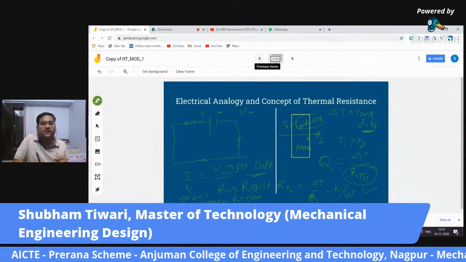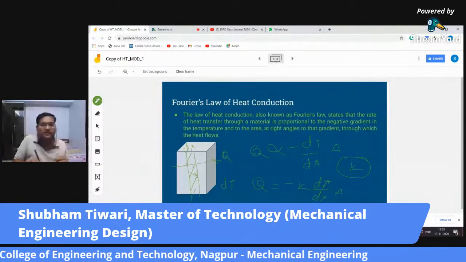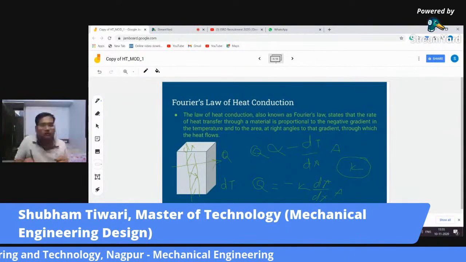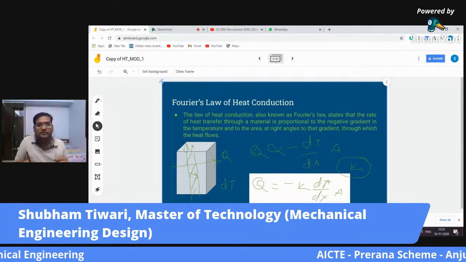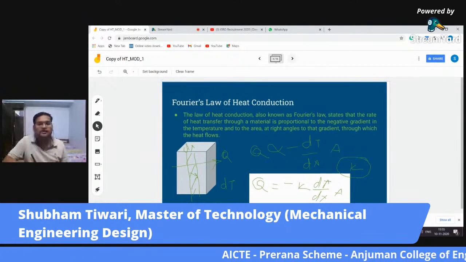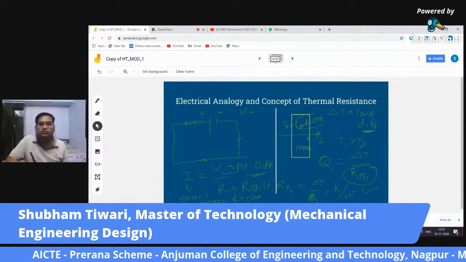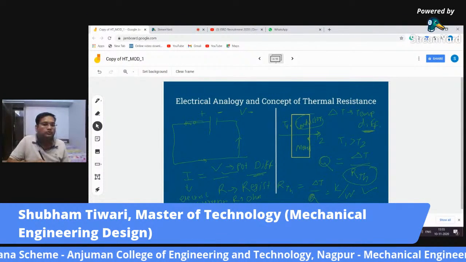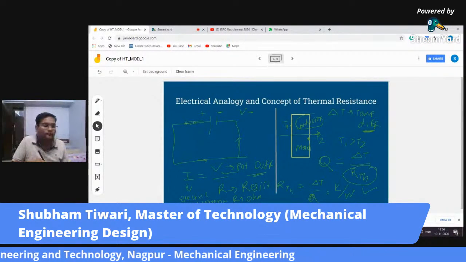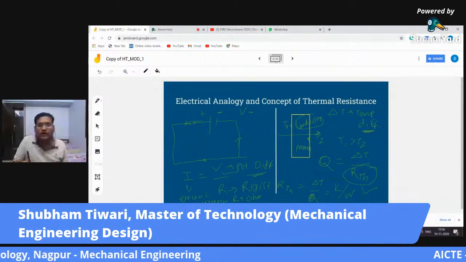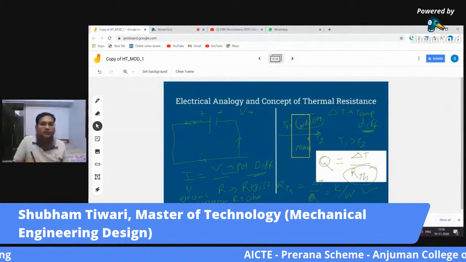The very first thing that we studied was the Fourier law of heat conduction, followed by our master formula, which is going to help us.